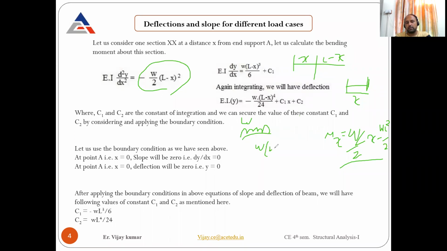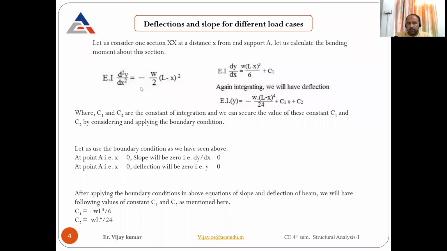L minus x into L minus x by 2. That will come out to be W by 2 into L minus x whole square.